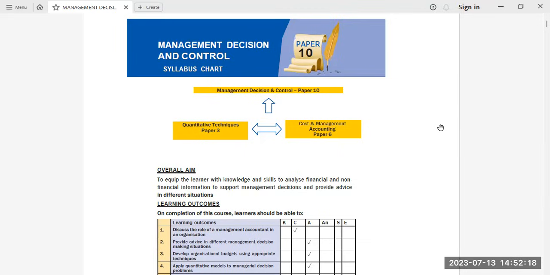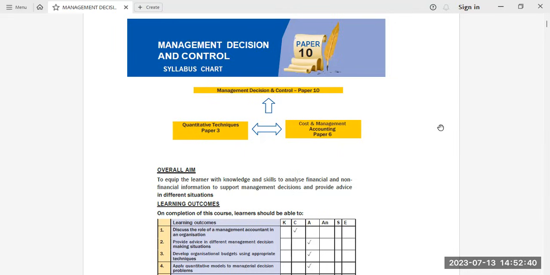notes that we've been using for the old syllabus are still the same, meaning most of the topics were not tampered with, which means that the MDC paper doesn't change.